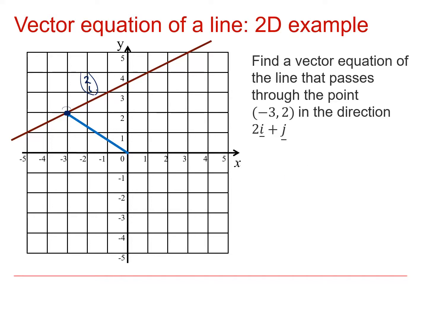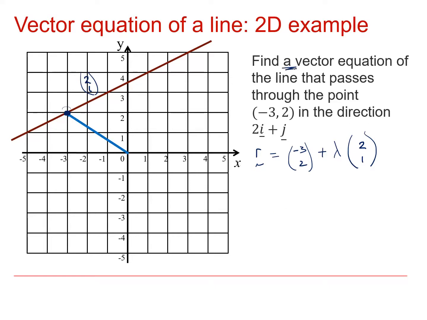I've chosen to write this as column vectors, and actually, although we can use i's and j's, predominantly you will see column vectors throughout these videos. So the position of any point on the line is go to the position you know about, the known point on the line, and add in some multiple of the direction, 2, 1.